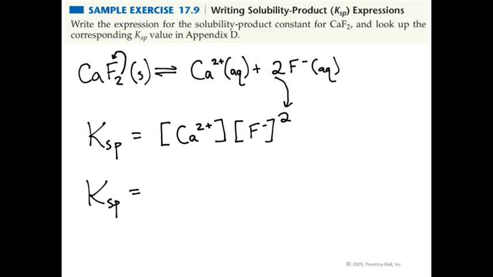MK, have you found calcium fluoride on the table? What's its KSP value at room temperature? You got it, good job. So we found it on here. This table, again, is at room temperature, 25 degrees Celsius. So it's about 3.9 times 10 to the negative 11th.